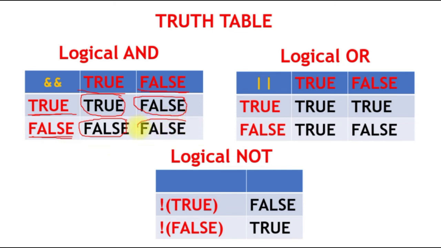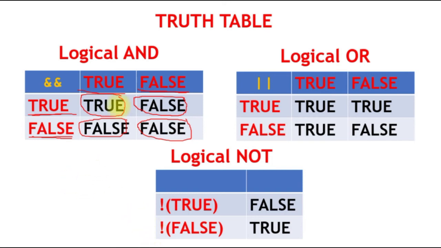The answer is false. Ipagpalagay natin na yung and is multiplication. Yung true is 1, yung false is 0. So, 1 times 1. Example, 1 times 1 kasi nga true times true. The answer is true or 1.